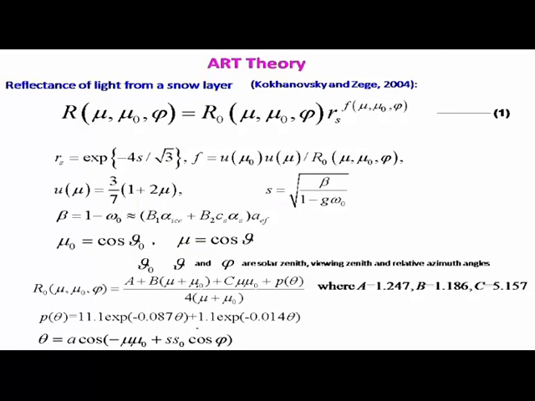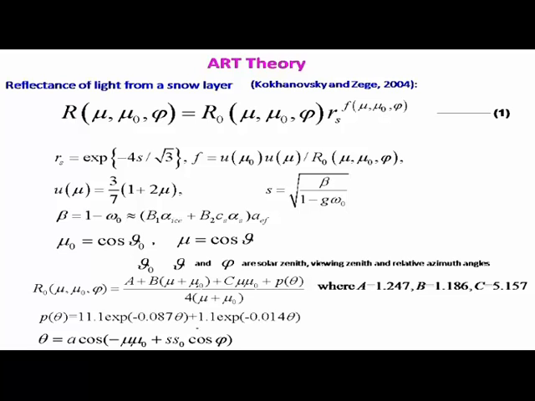This is the equation given by Kokhanovsky and Zege 2004. Here R is the reflectance, R0 is the reflectance when there is no absorption in the snow, RS is the spherical albedo, and F is a function of mu 0 and phi. This is all solar and viewing zenith angle information.